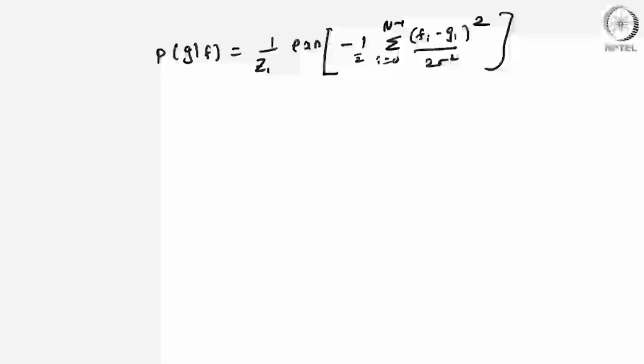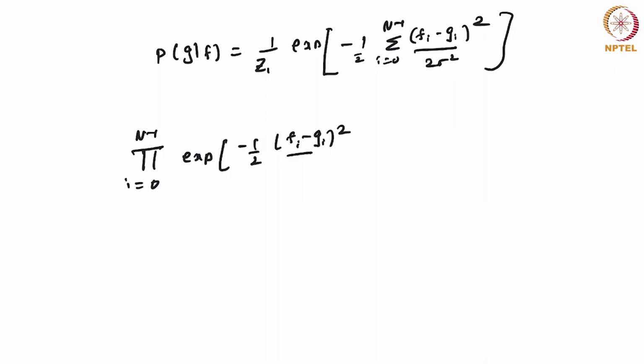So if you want to rewrite this, I'll say product over i equal to 0 to n minus 1. What is the probability of observing the individual pixel? It's still an exponential distribution, minus 1 by 2, Fi minus Gi squared, over sigma squared. This is for a pixel i.